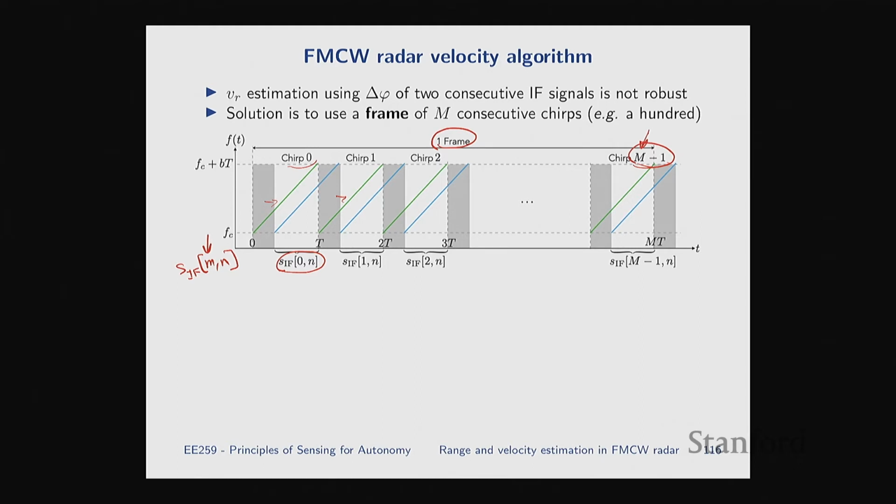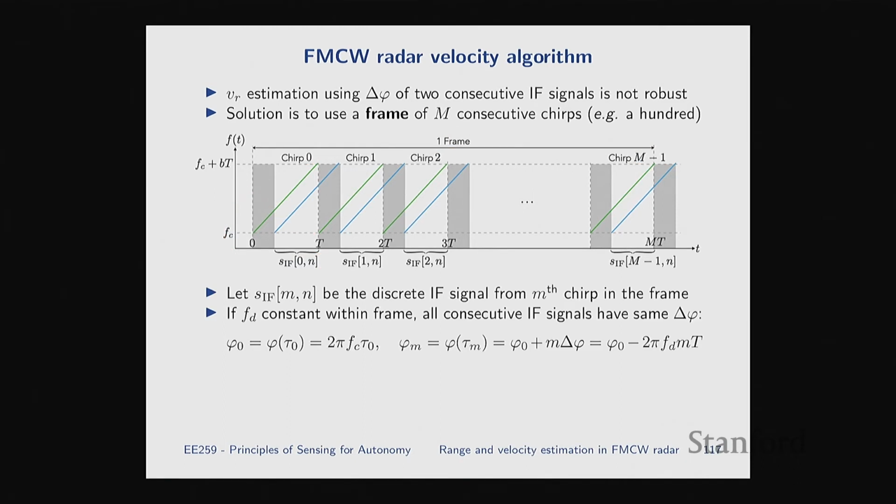So little m goes from 0 to m minus 1. And little n is the ADC sample index, just like we had before, the samples you get out of your ADC. So that goes from 0 to big N minus 1, because we're sampling each chirp N times. So that's our notation, just to make sure it's clear.